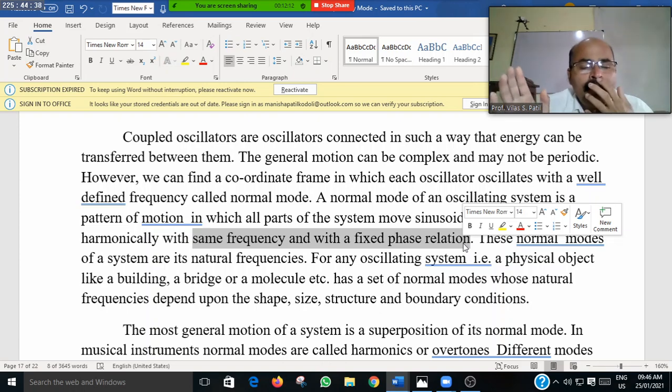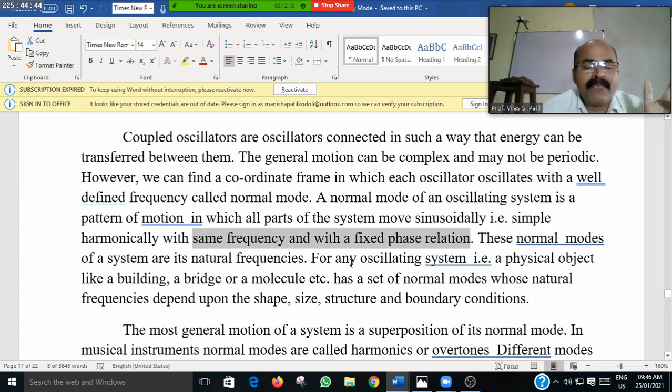These normal modes of the system are its natural frequencies. For any oscillating physical object, like a building, a bridge, a molecule, or a crystal structure, there is a set of normal modes, where the natural frequencies depend upon the shape, size, structure, or boundary conditions of that solid.